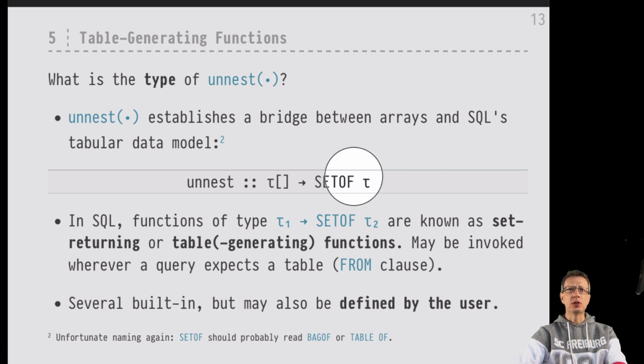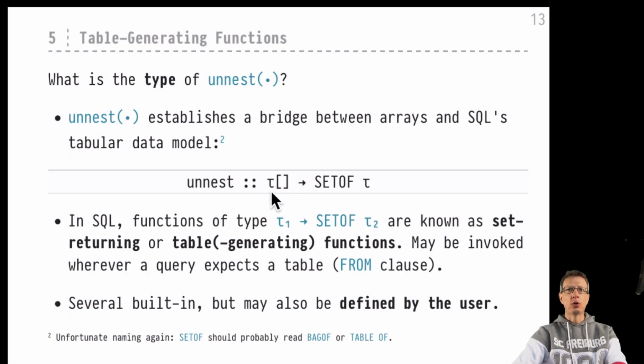This is the type that PostgreSQL assigns to the result of unnest. It's a set of tau. So if the original array stored some taus, some integers, some booleans, some rows of something, then unnest will leave us with a set of these integers or booleans or rows or something. Okay, and this is something that a SQL query can iterate over.